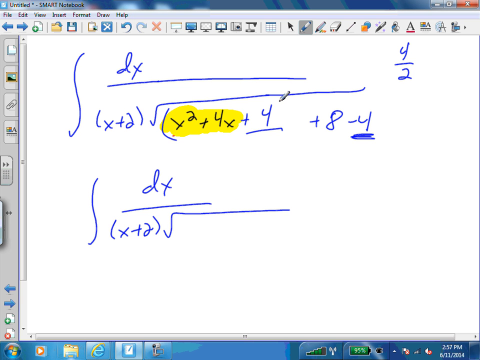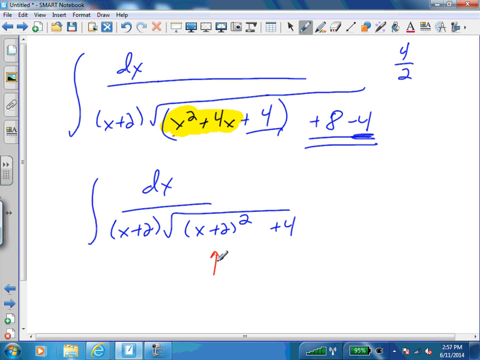So how does that part factor? x plus 2 squared, x plus 2 times x plus 2. Then the part that's outside of the parentheses, but still under the radical, that's plus 4.